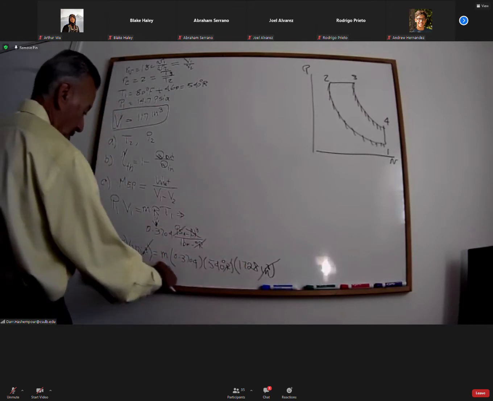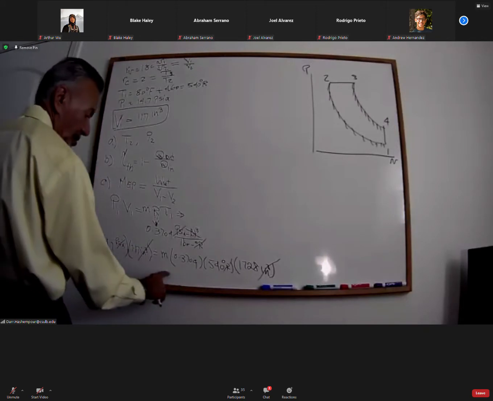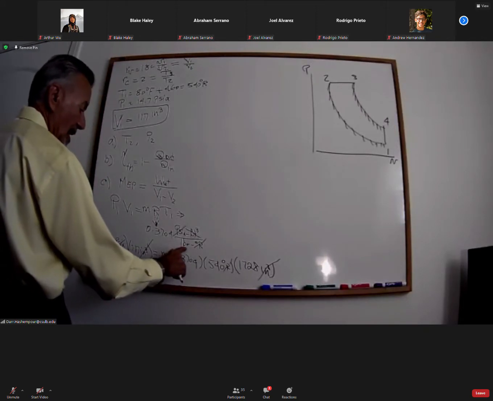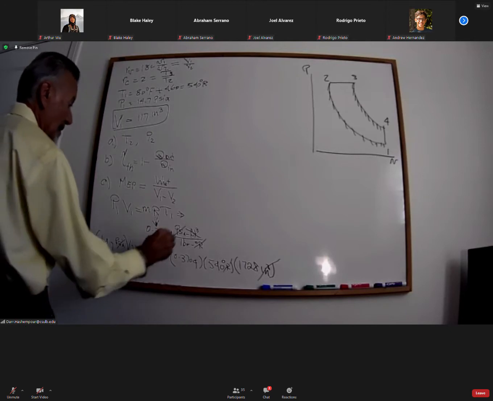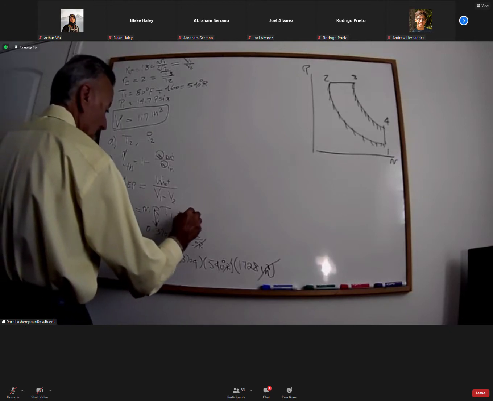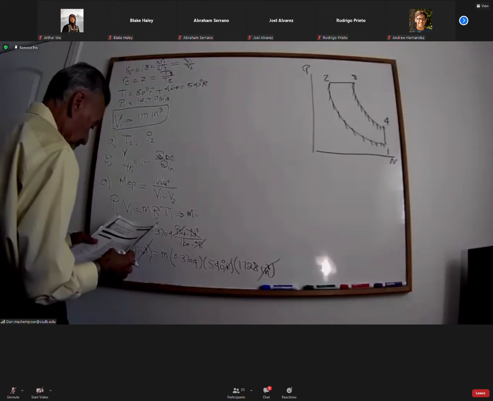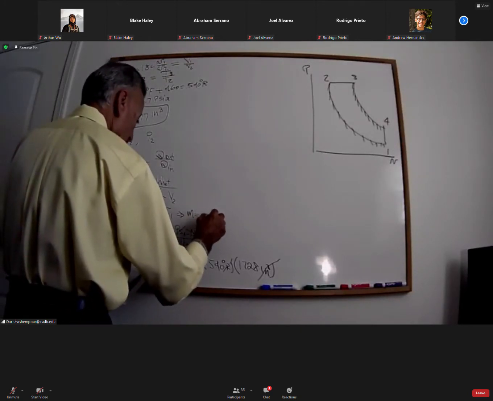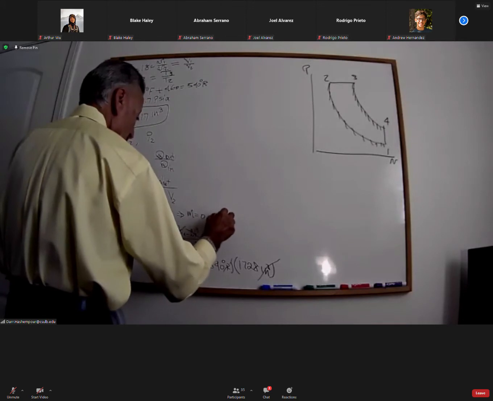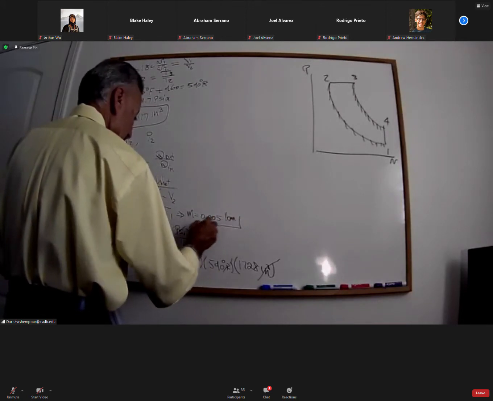So the only thing left as far as units is pound mass, and that's what I'm looking for. So the mass of air is going to be 0.005 pound mass.